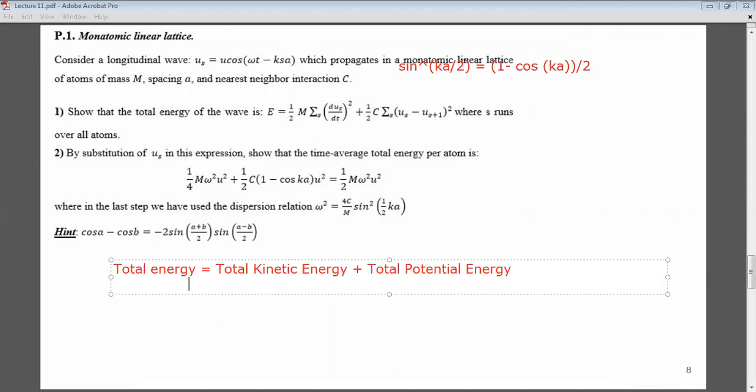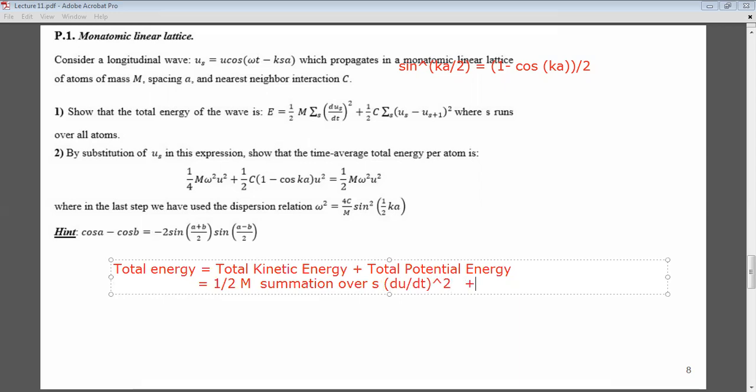Now what is total kinetic energy? It is, if you remember, half mv squared. Here m will be the capital M, and here it is not v, it is actually dU by dt, squared. And this is the total. So we are going to do summation here over S of dU by dt squared.